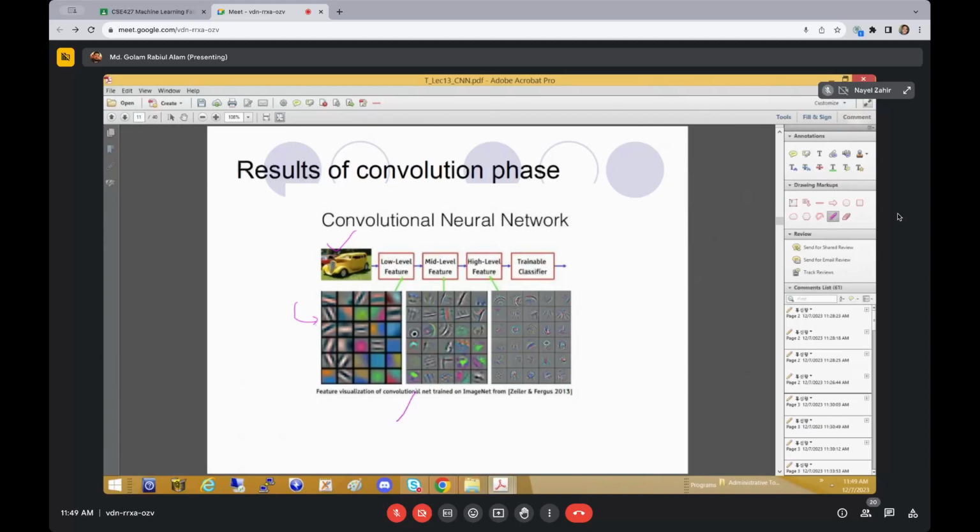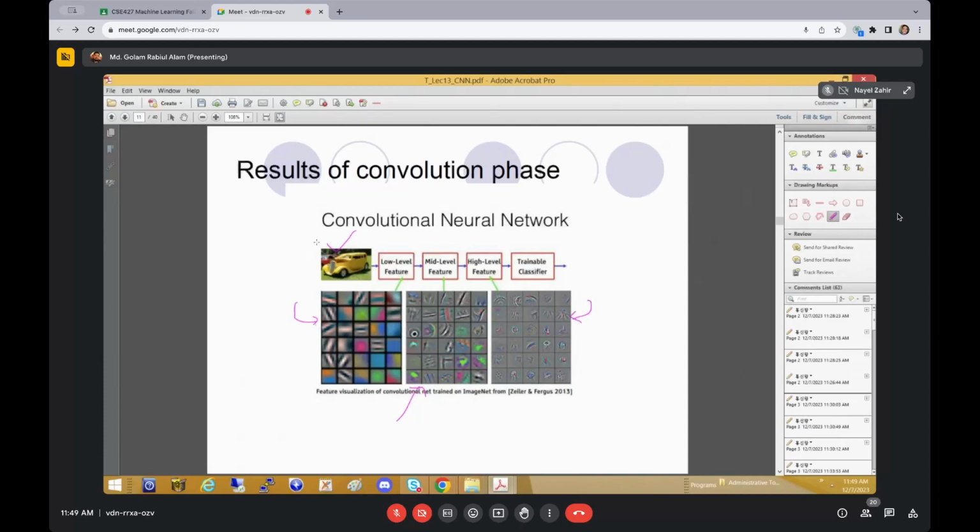That means more in-depth representational features are there, not only lines or colors. We can see different textures and their patterns also there. More in-depth patterns we need to recognize.